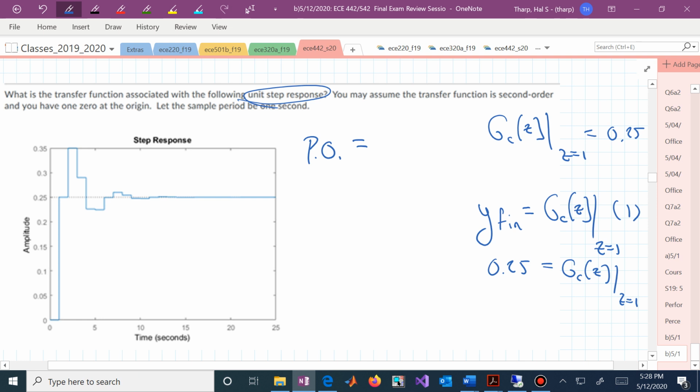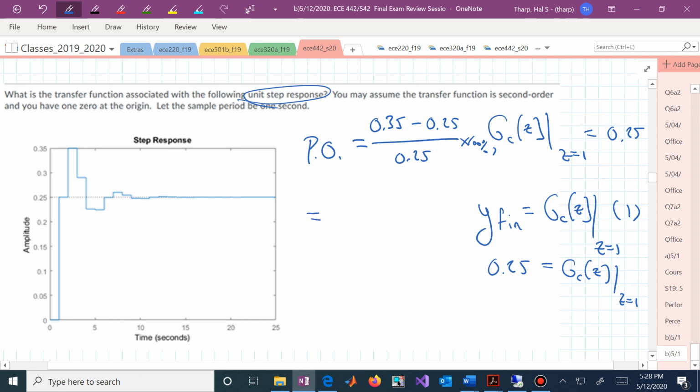Our percent overshoot in this example is, we max out at 0.35, we eventually settle at 0.25, and now we multiply that by 100%.